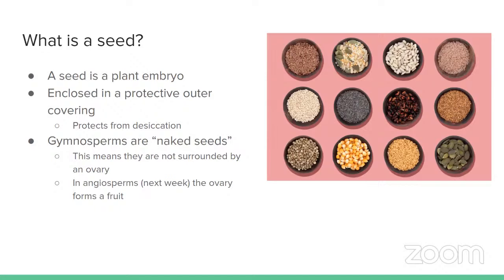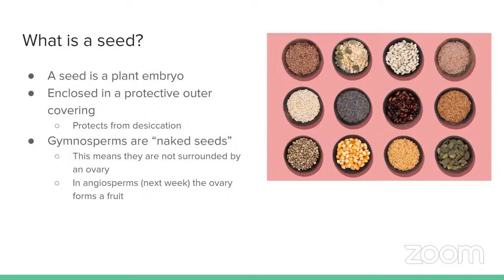But when we fertilize our gymnosperms, when the spores fertilize each other, we're going to get a plant embryo that's enclosed in a protective outer covering. So that's really what a seed is. It's actually an embryo that has this protective covering that protects it from mainly desiccation, right? But other types of damage as well.